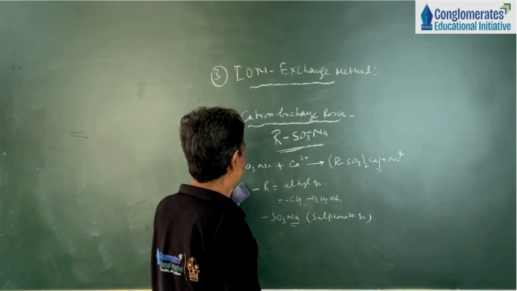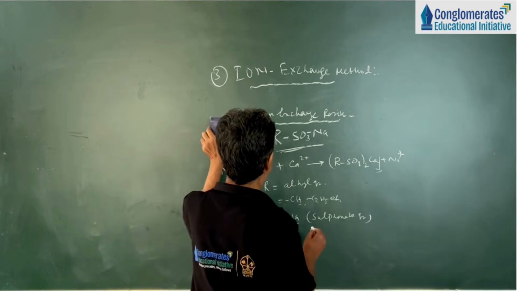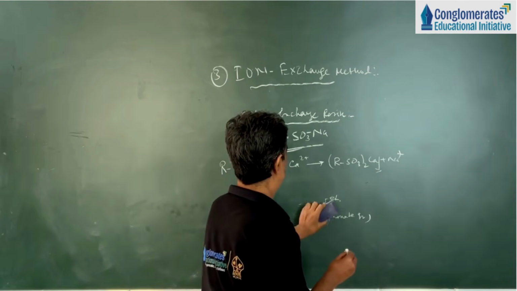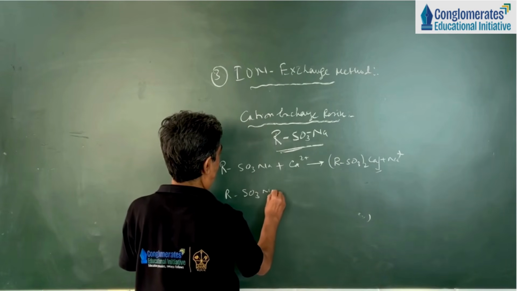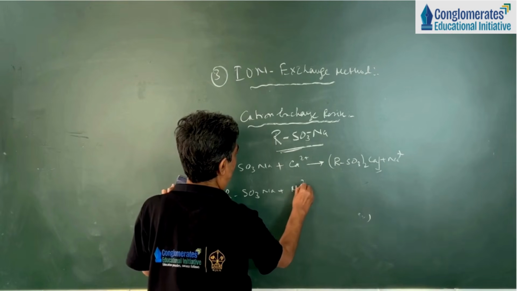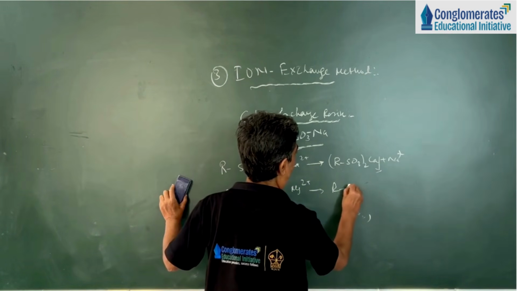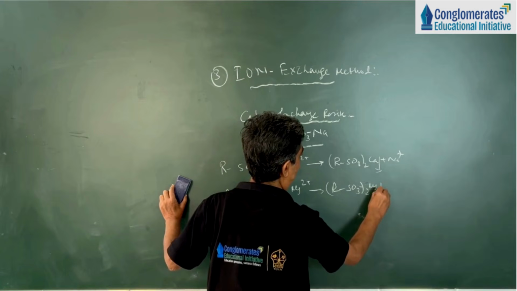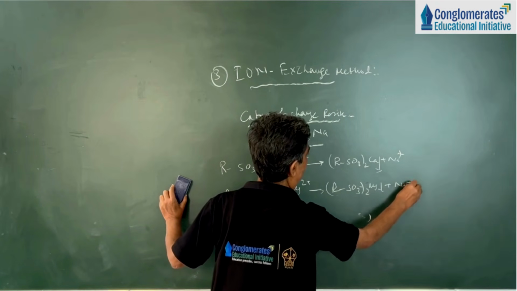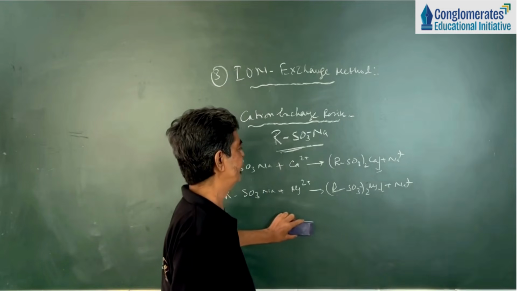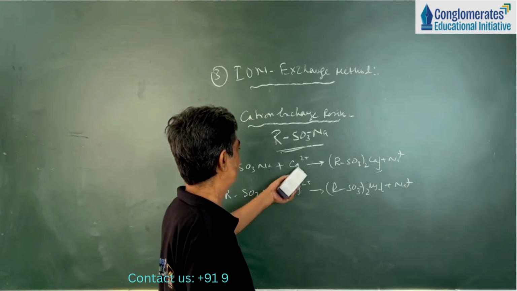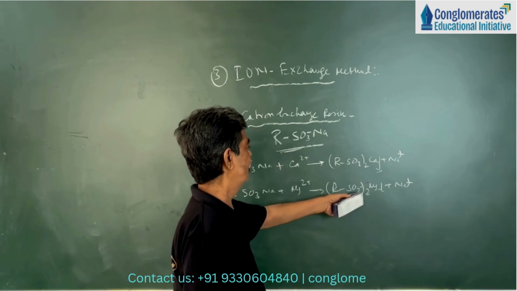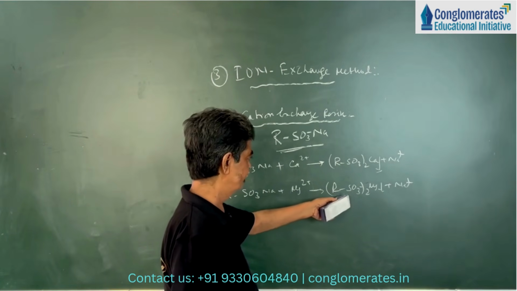Similarly, with magnesium ion, RSO3Na plus magnesium ion, we get (RSO3)2Mg, and again sodium will be released. Sodium ion doesn't have any contribution towards the hardness of water, and the magnesium ion will be deposited as magnesium alkyl sulfonate.